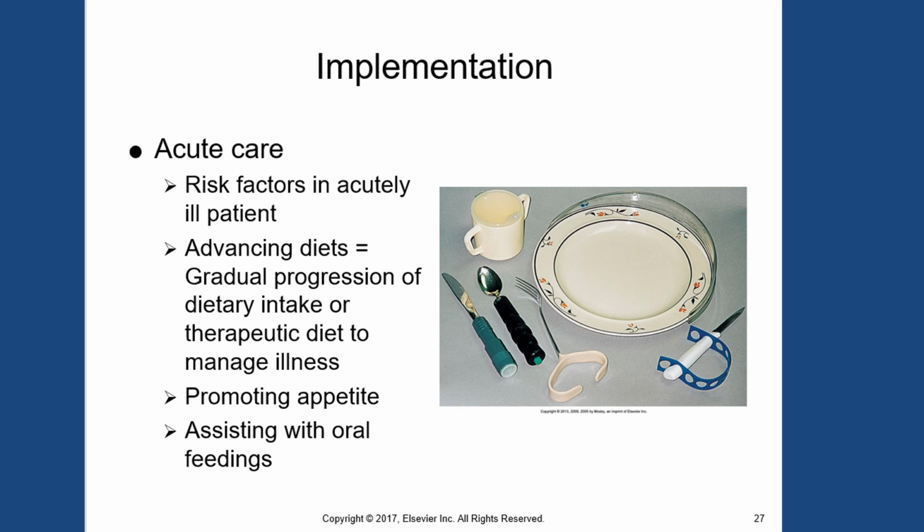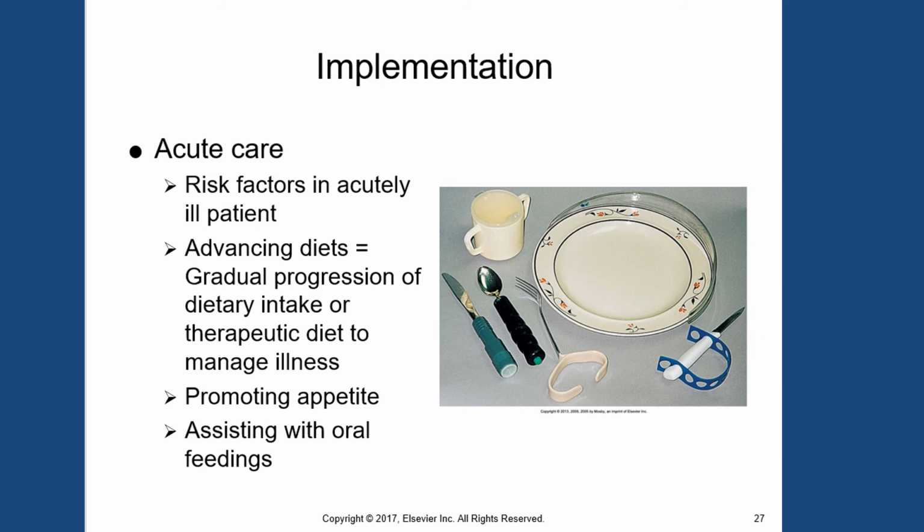Okay, so this slide just talks about, here, the picture is just some of the tools that we might use for our patients when they have deficits and they're trying to maintain that independence and feed themselves. The important thing that I do want you to know on this page is advancing diets.